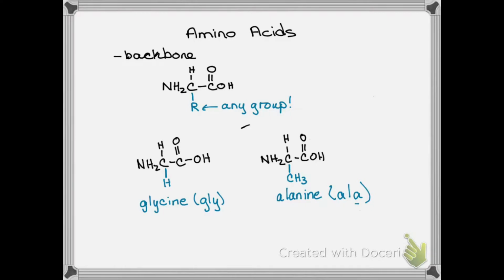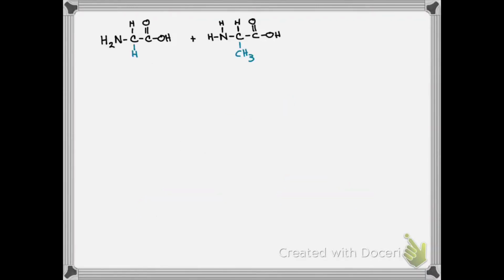Now, for the lab, I'll show you which two I want you to work with. You're actually going to react these together on paper to form a dipeptide, which is just two amino acids coming together. If I'm going to react both glycine and alanine together to make a dipeptide, the reaction is really pretty simple.